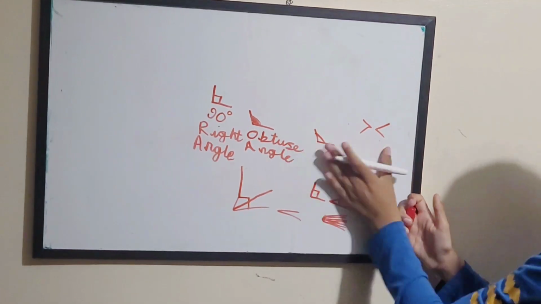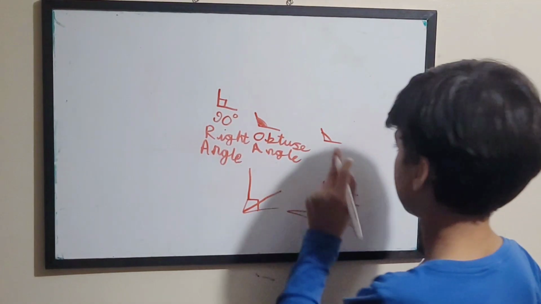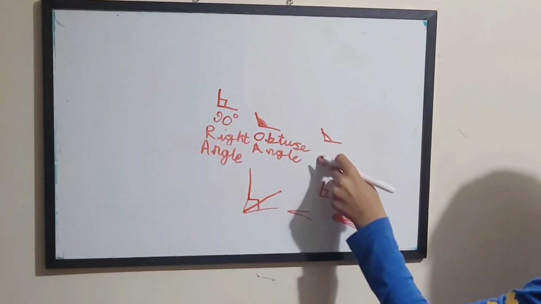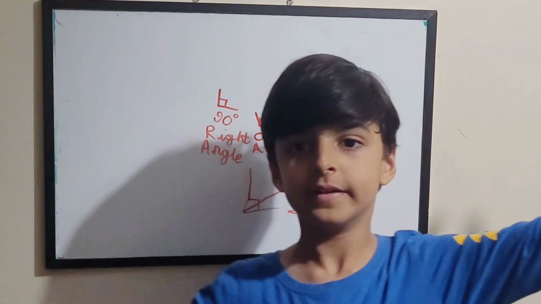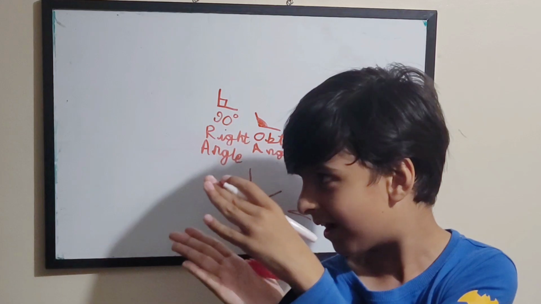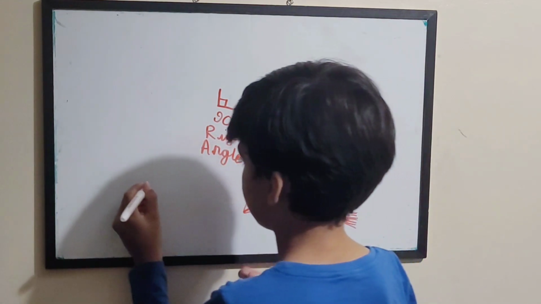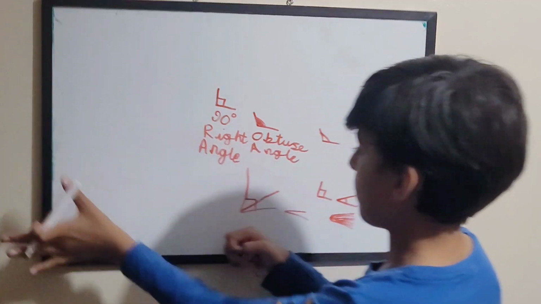So, the obtuse angle over here is wide. It's wider. But the acute angle is smaller. Like this.